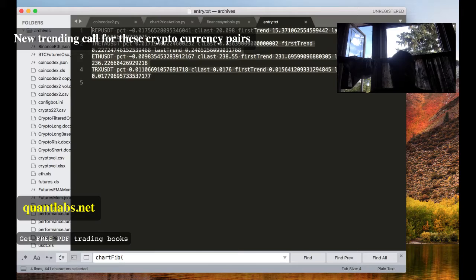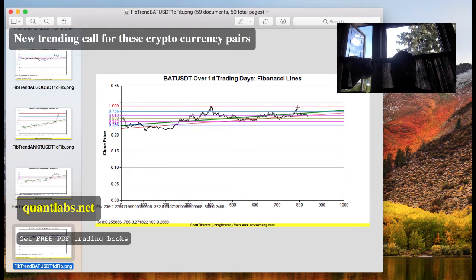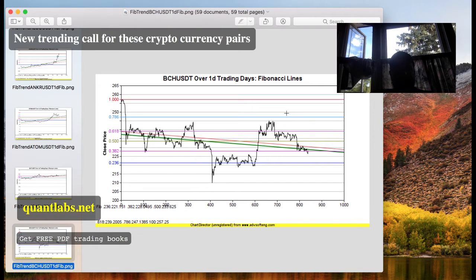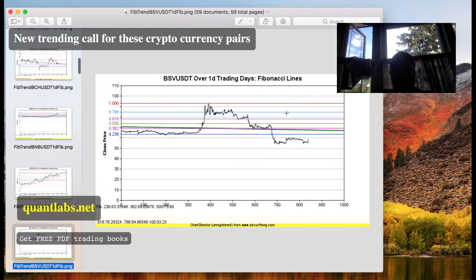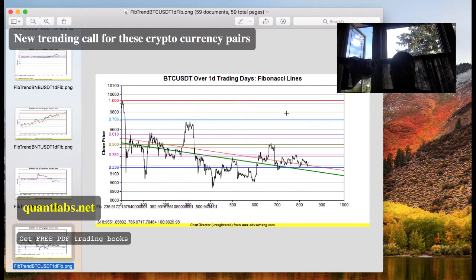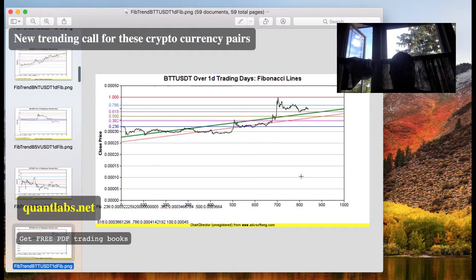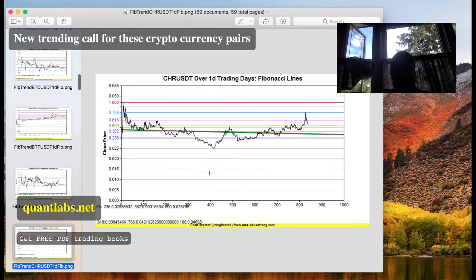So going back to these, this is not quite the 2% we need to get an entry. But let's see if I can show you one. You got Bitcoin on the slide here, negative trend, BTT, BUS.